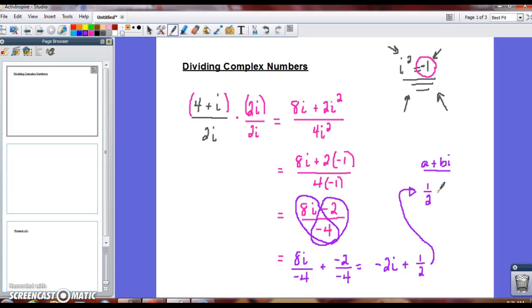So I have 1/2 minus 2i, and that would be in simplest form. So there are a few steps there, but the big thing here is to remember to multiply the top and the bottom by that bottom expression, which is just 2i.